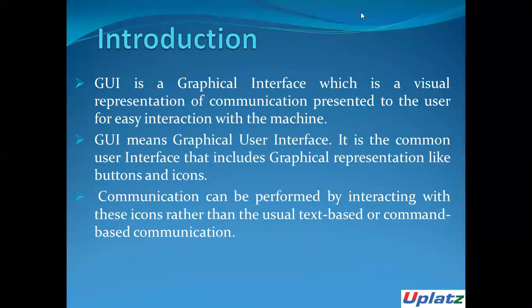Just when you switch on your computer, you will see the desktop, correct? On the desktop, by default, there will be some applications like My Computer, MS Office, okay? So a GUI makes interaction with the computer or any device simple. It makes the communication easier. Without GUI, it's very complicated for you to communicate with the system, right?